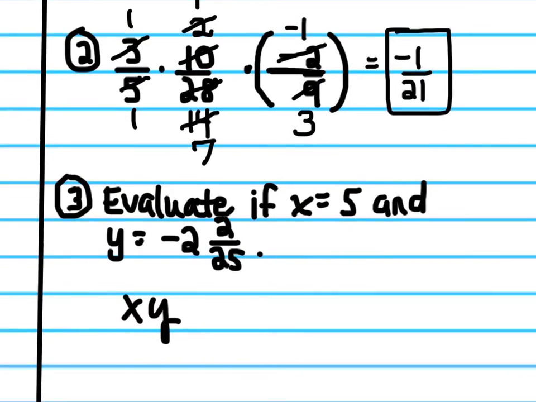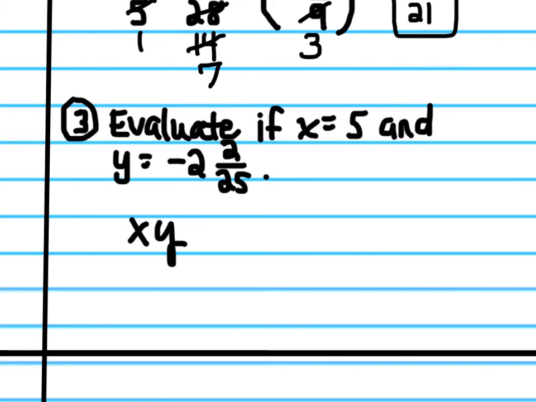Let's take a look at number 3, our last one. It says evaluate xy if x equals 5 and y equals negative 2 and 2/25. That means we're going to multiply those two rational numbers together. I want to make the 5 improper, so I put it as 5 over 1.